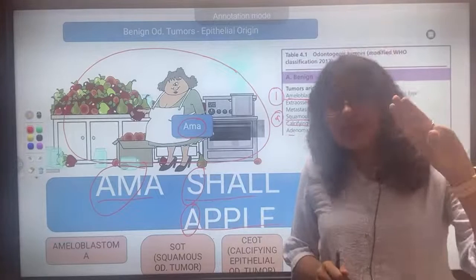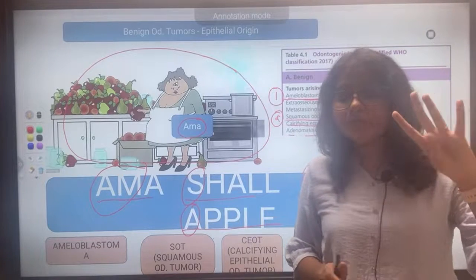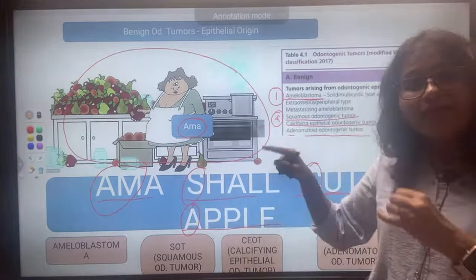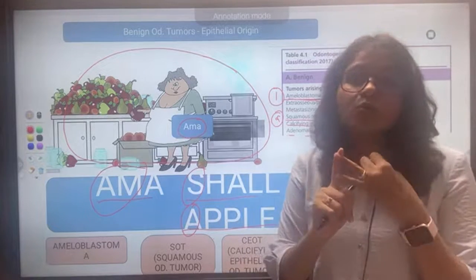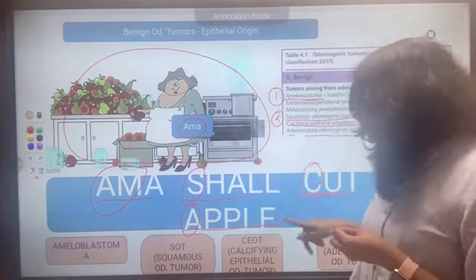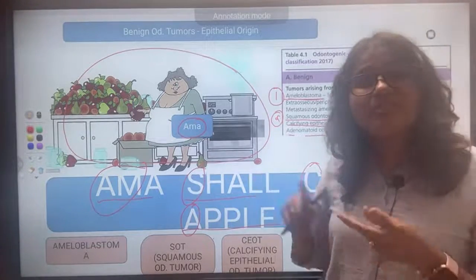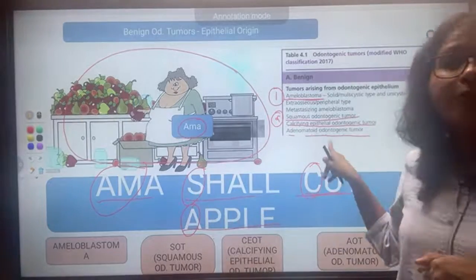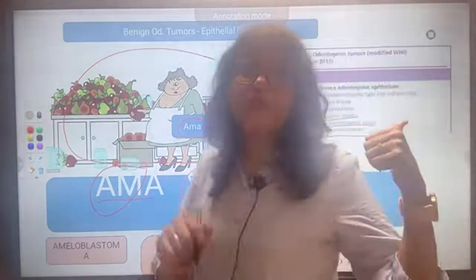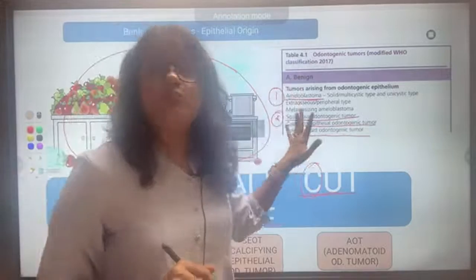So 4 names you will remember, right? Amma shall cut apples. A for ameloblastoma, S for squamous odontogenic tumor, then cut, C for CEOT, and in apple, A is for adenomatoid odontogenic tumor. This is how you remember the first heading of the benign tumors.